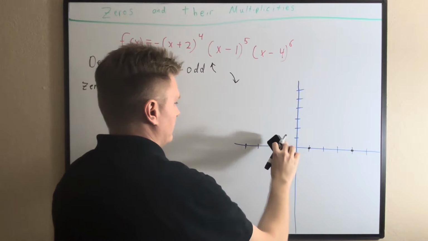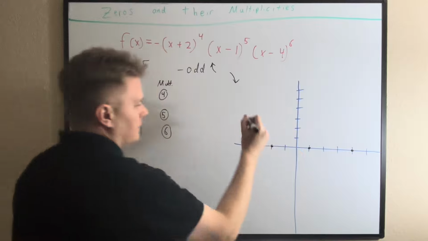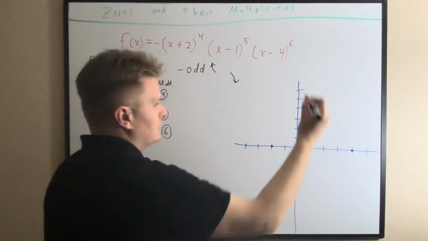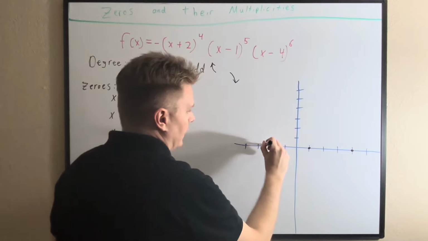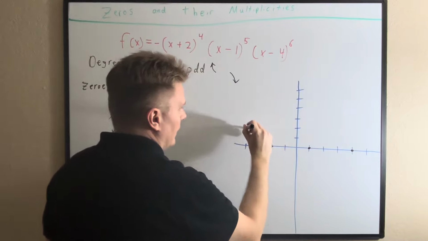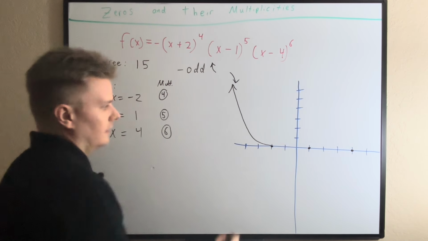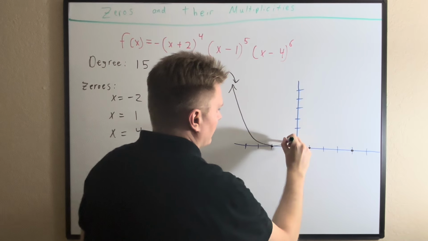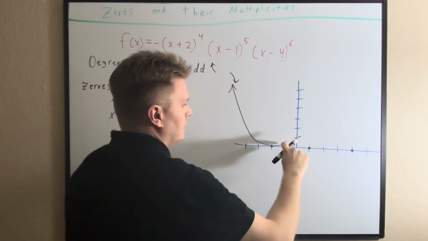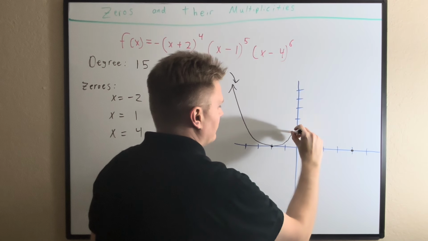This is where that 4 comes into play. It's not just going to go and touch it like a parabola. It's going to flatten out a bit first and then go up real fast. Okay? That's what it means. It just touches it and then it goes up a little further. That's what we mean by flattening out.